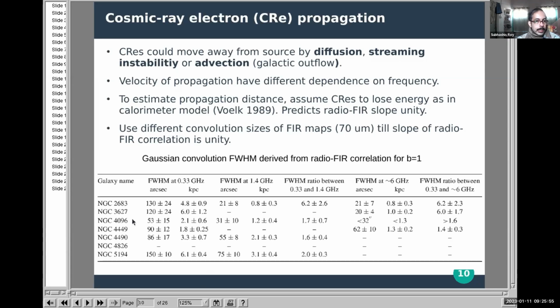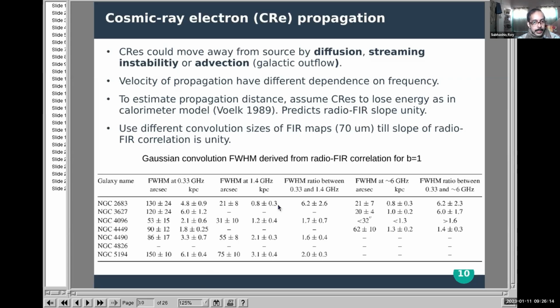So here, of course, the data means what has been done to estimate the propagation distance. We have assumed the electrons lose energy as in the calorimeter model, which predicts the radio-FIR slope to reach unity. Now, we use different convolution sizes.